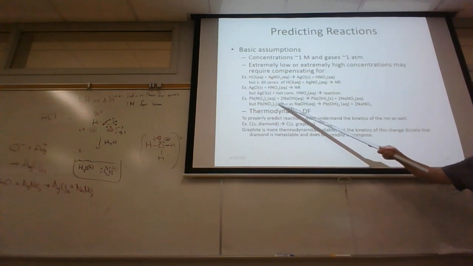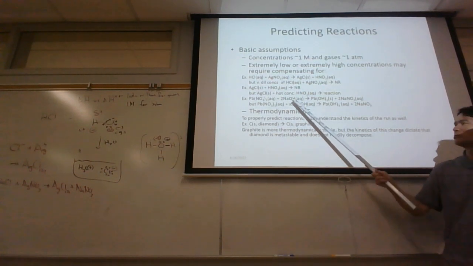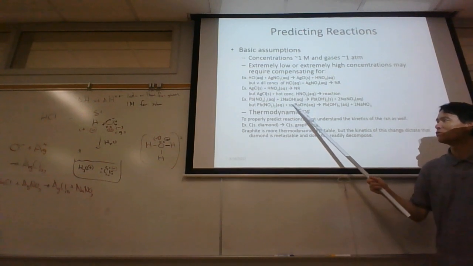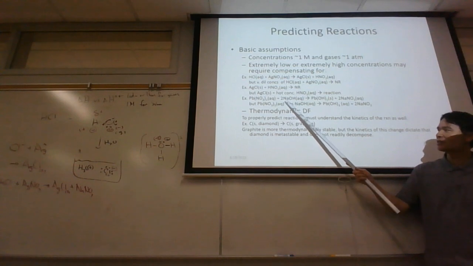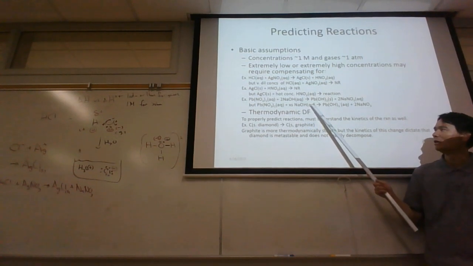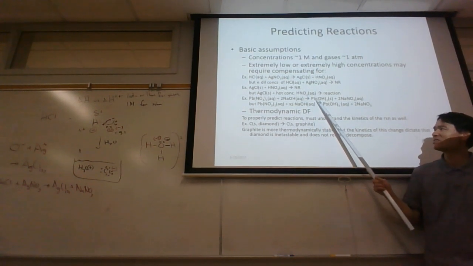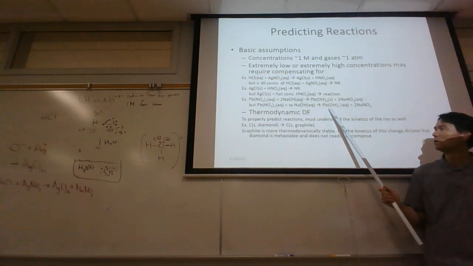Lead-2 nitrate is a bit tricky because with a stoichiometric amount of sodium hydroxide, we get a nice white precipitate. But if I add just a slight excess of sodium hydroxide, you think I wouldn't have any problem. But what happens is that the precipitate dissolves, and I form this. This is called a complex ion.